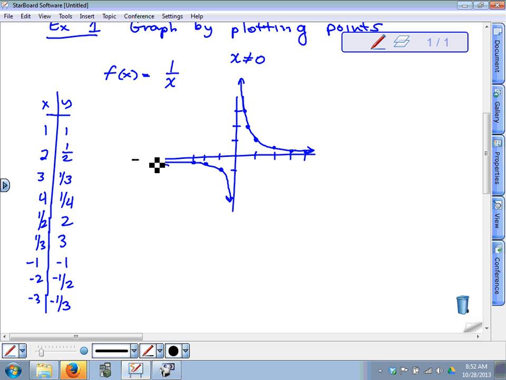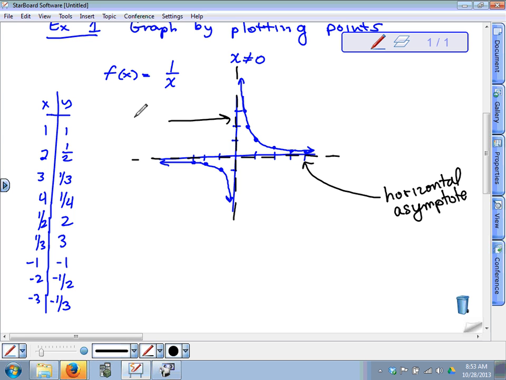Now I want you to put a dotted line on the x-axis, put a dotted line on the y-axis. Okay, and then this is going to be our horizontal asymptote.